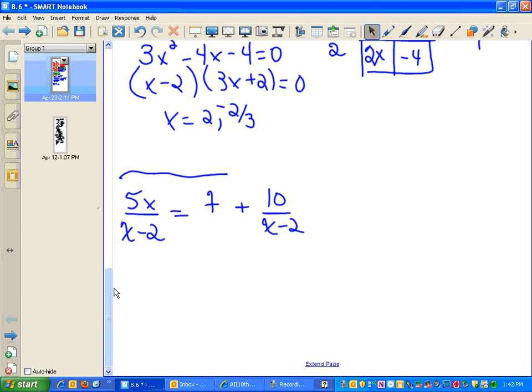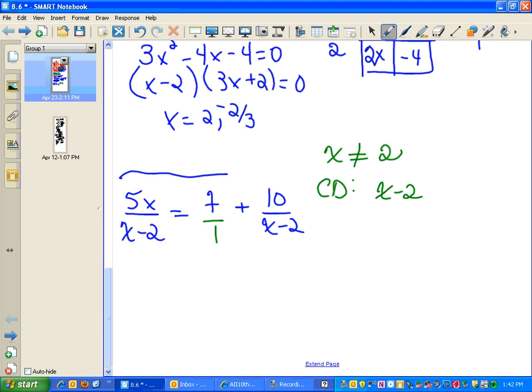I would put that 7 over 1 so that I'm looking at fractions across the board. And then what do I ask first? What am I asking? What can't it equal? What can't it equal? 2. Then what's my common denominator going to be? So I don't need the 1, right? I can just say x minus 2.